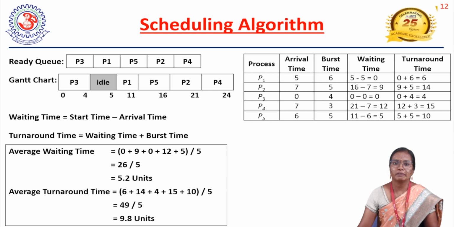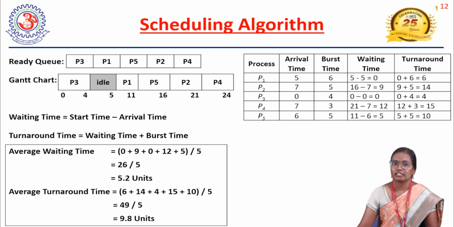Next process P5 will be admitted at the 11th minute and it continues execution for its burst time. Your execution time is 5. That's why the next 5 minutes it will be executed. So next the P2 process will be admitted. Here P2 and P4 both have the same arrival time. When a tie occurs, we have to break the tie by selecting the smaller ID process.